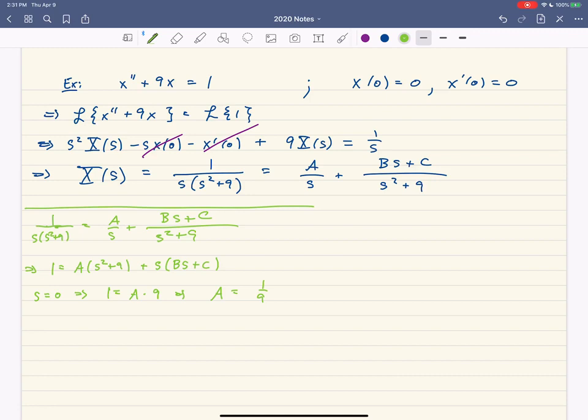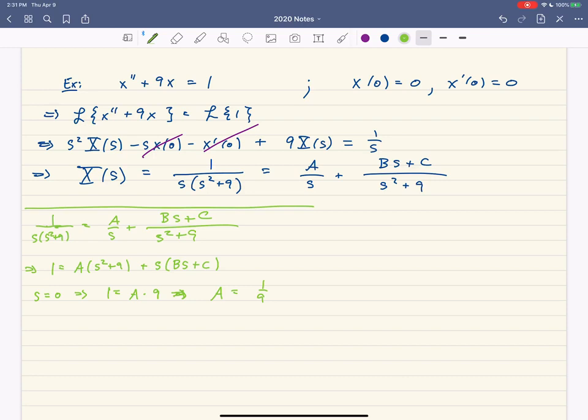If we want to get the other values, B and C, there's really two ways to do this. You could plug in values, say 1 and -1, and then you'd end up with 2 equations and 2 unknowns, and you could solve that system however you are used to solving linear systems.